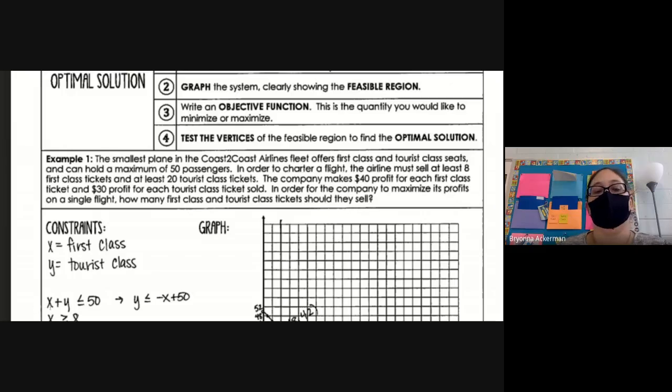So I started off with X plus Y is less than or equal to 50. I'm going to change it so that I can graph it a little easier and get a line. Y is less than or equal to negative X plus 50. So my first constraint got me this equation.